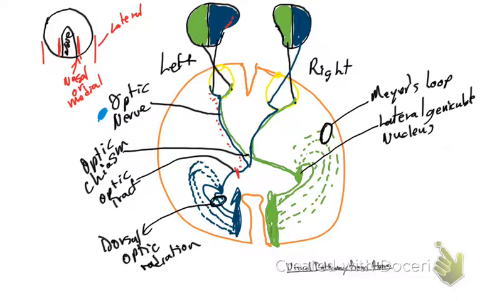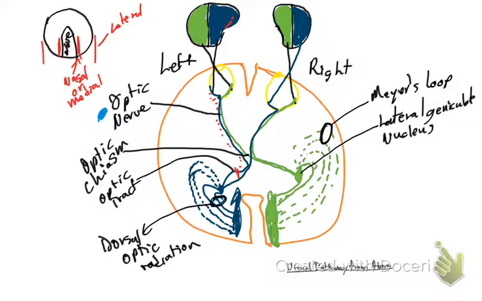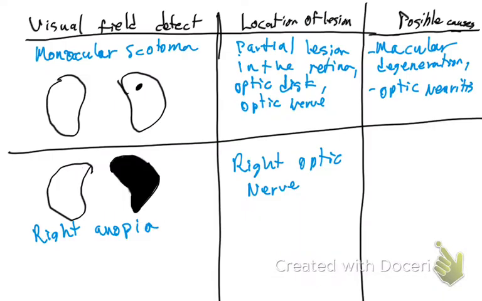And where do you think it's going to join? It's going to join here in the lateral geniculate nucleus. So if you have a lesion in the right optic nerve, you get right anopia, so that means that your right side is going to be totally blind, because there is a lesion on the right optic nerve.